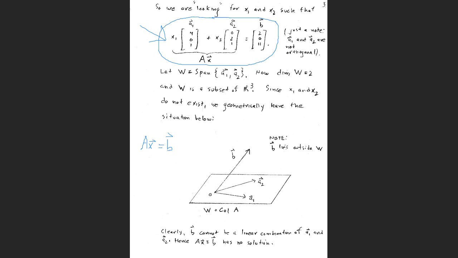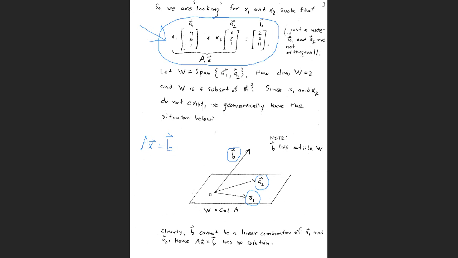So the vectors A1 and A2 lie in subspace W, but the vector B has to lie outside subspace W. It has to lie outside the column space of the matrix A. The column vectors of the matrix A are the vectors A1 and A2.